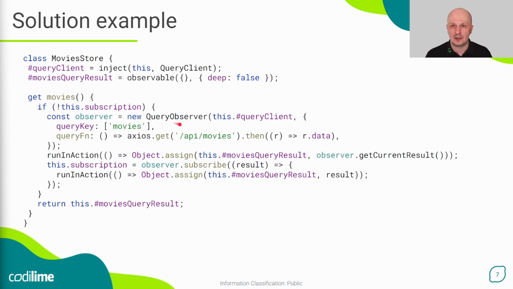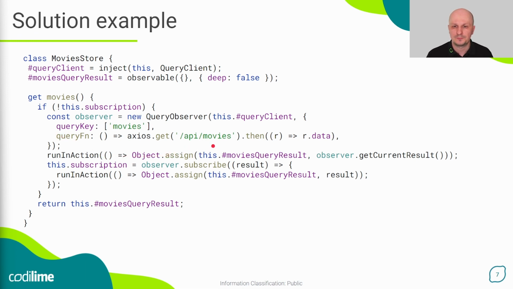We instantiate the query observer. We put the query client in the constructor and also options. Those options are the same API that you are familiar with from useQuery. So you can put here everything that you previously used with the useQuery hook.